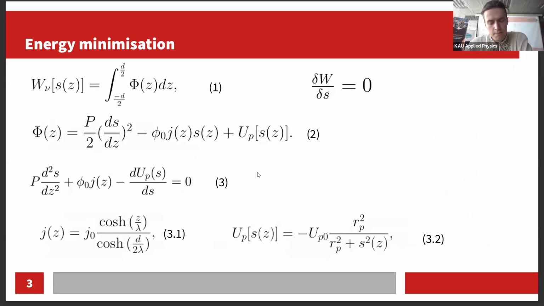To obtain its equilibrium form, we find the extremal value of its energy functional Phi, which is shown as equation 2, and minimizing it with regard to S gives us equation 3. Here we insert the current density distribution for the case of transport current and the pinning potential in the Lorentz form, which is well known in the literature.